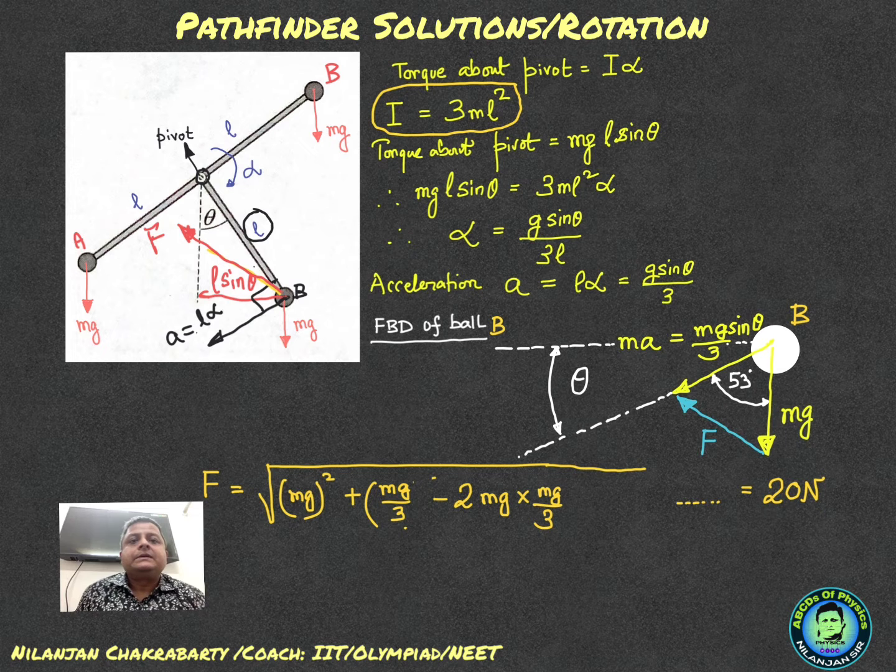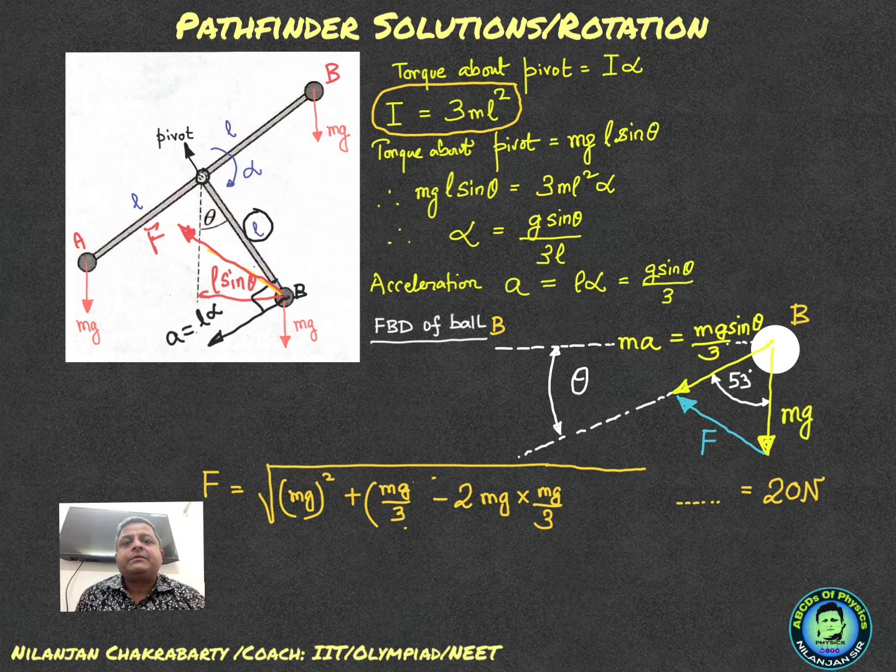Now we can apply the cosine rule. Look at this triangle. The sides of the triangle are mg, F, and mg sine theta by 3, and this angle is 53 degrees.